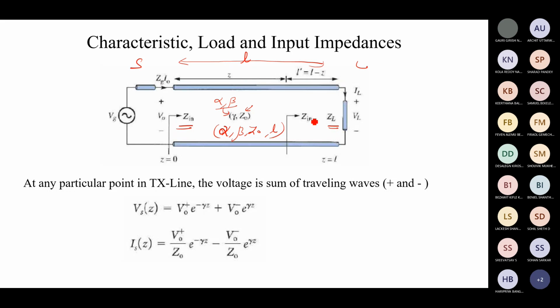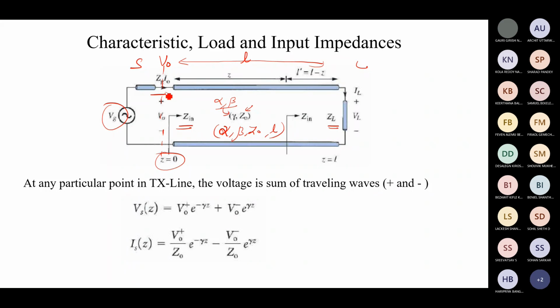Now we are going to say that we are exciting the transmission line. Exciting in the sense we are giving an input signal. So the input signal is going to be Vg. That signal is giving a terminal voltage of V0. So V0 is, you can say, at the initial point when z equals 0.